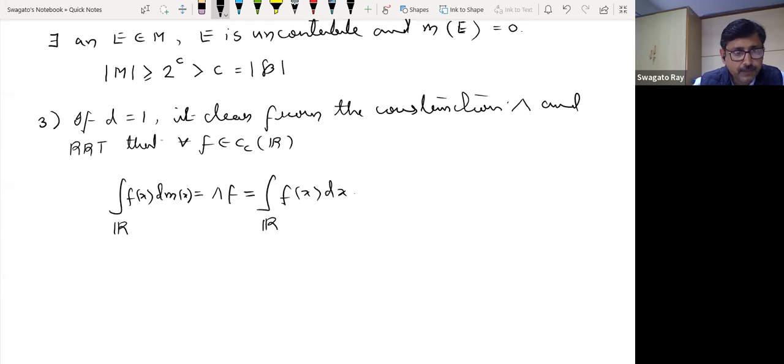So if f belongs to C_c(R) and is real valued, the complex valued case is not very different, they are also the same, but I'm not talking about that. So if f is a compactly supported continuous function, then Lebesgue and Riemann are the same.